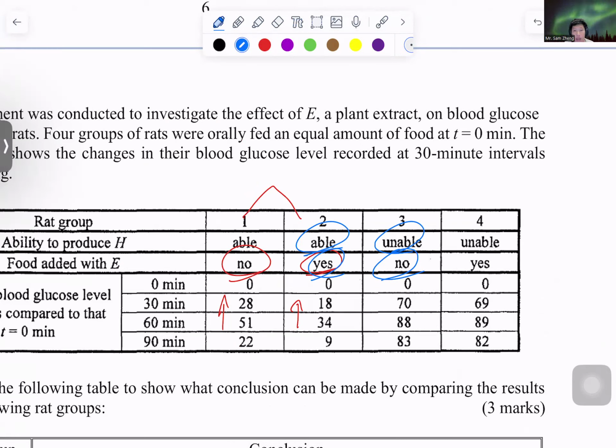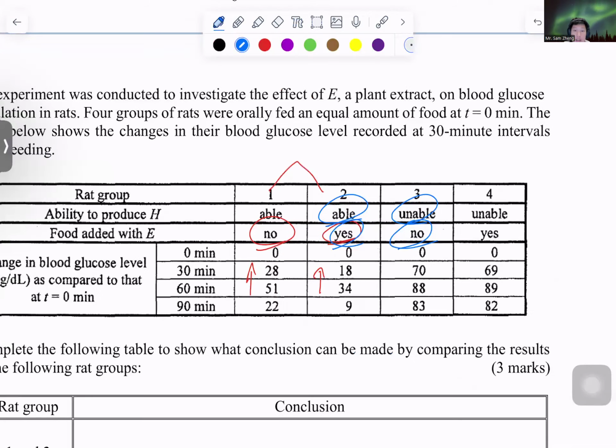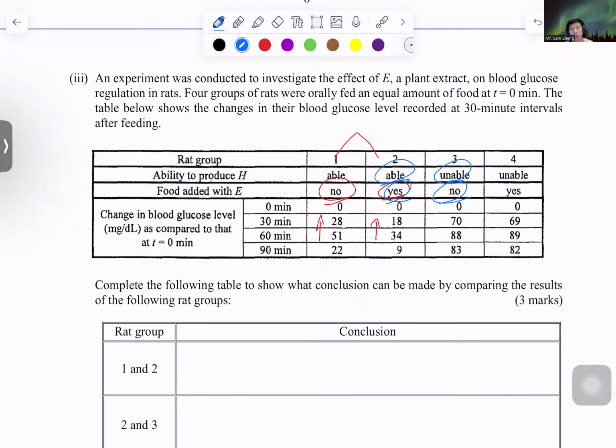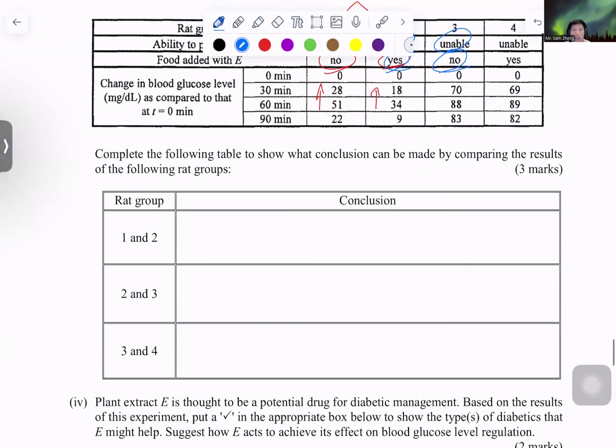The second group also adds the substance E, but group 3 does not add the substance E. So there are two parameters that we are comparing at the same time. Two independent variables compared at the same time, so no valid conclusion can be made.